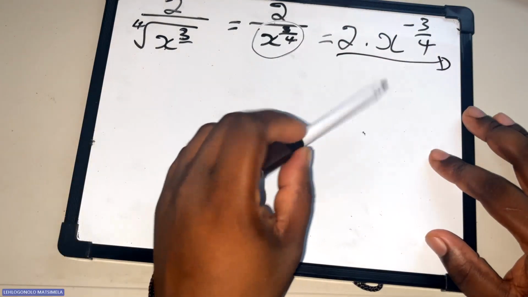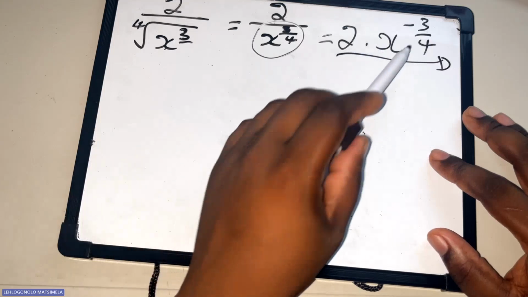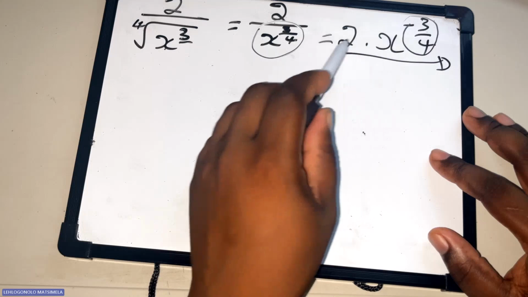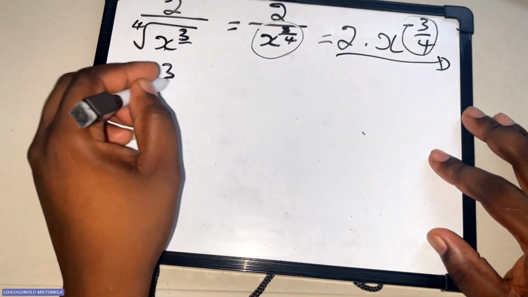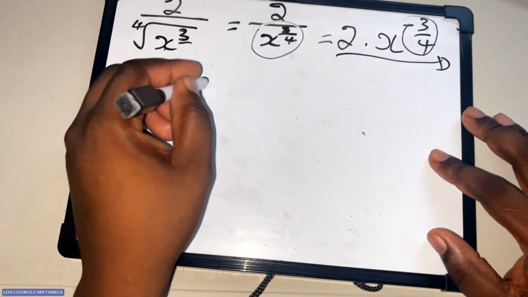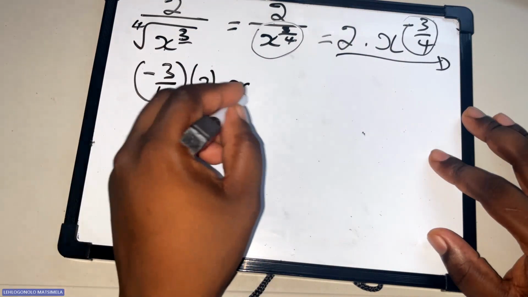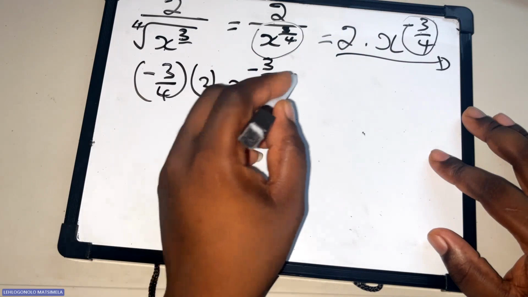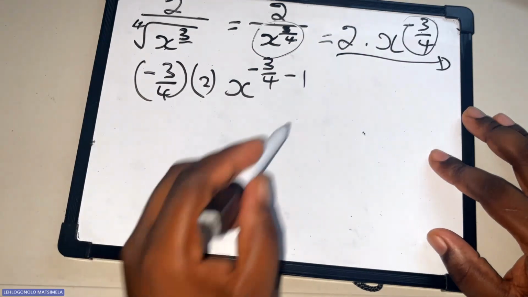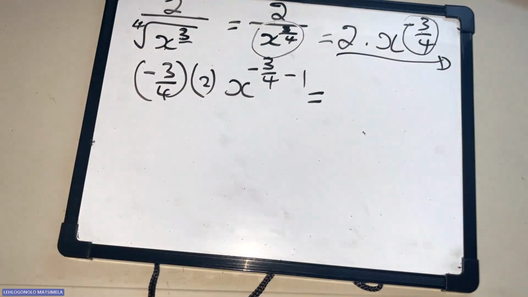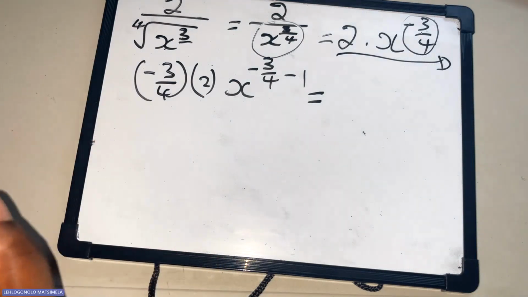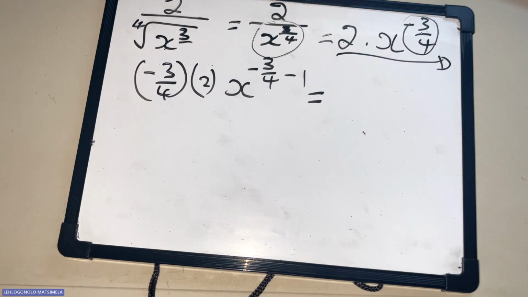What do I have to do now? I can start differentiating. Exponent multiplied by coefficient, I'll have minus 3 over 4 multiplied by the coefficient, which is 2, then x as it is, then the exponent, I write the exponent and then subtract 1. I am done differentiating. There's nothing else I have to do in terms of differentiating. I just have to simplify.